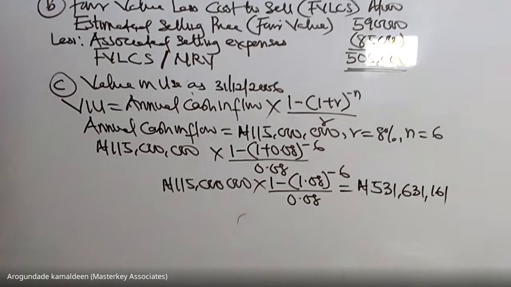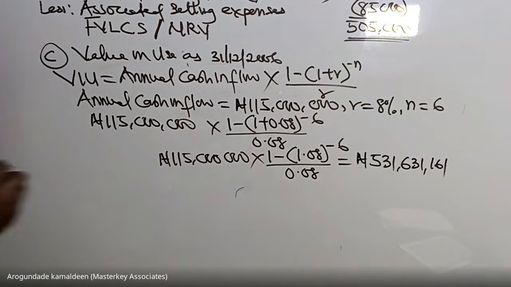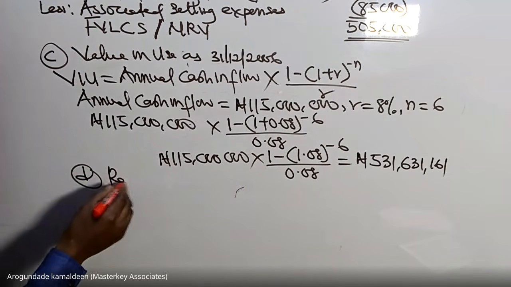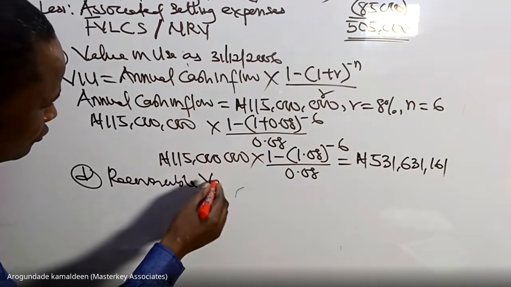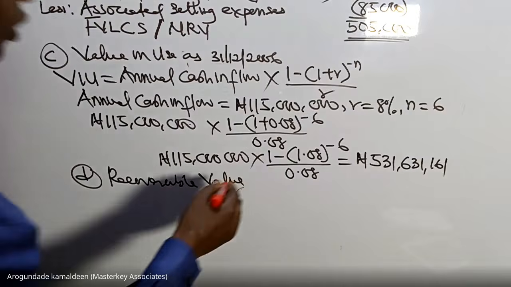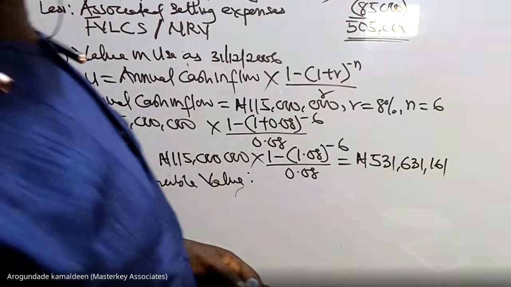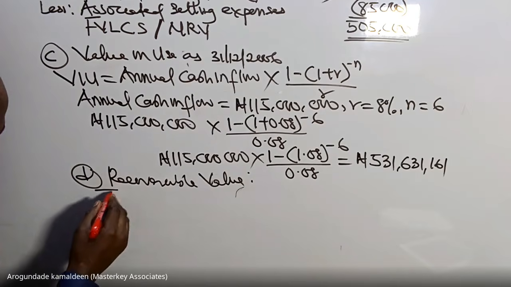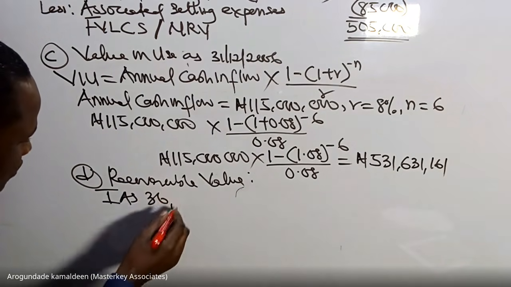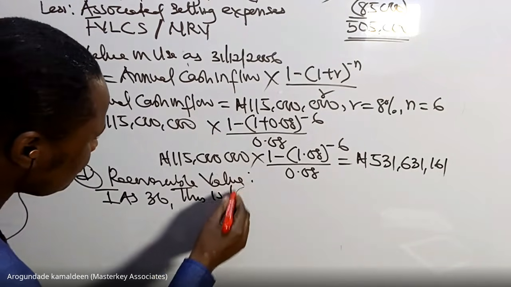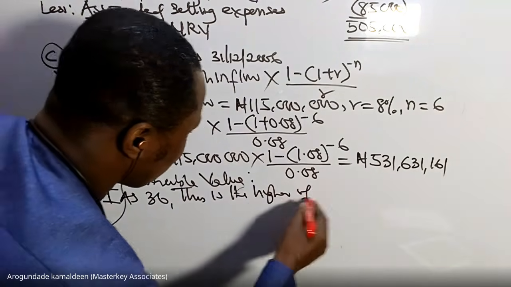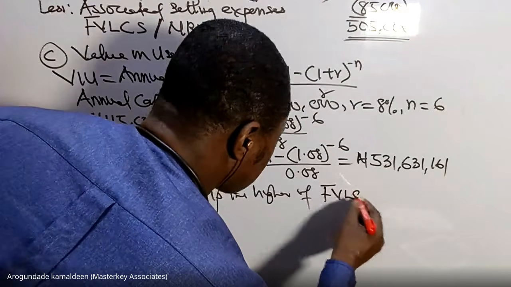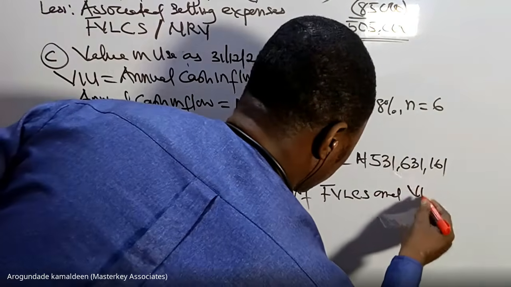IAS 36 says that the recoverable value is the higher of the fair value less cost to sell and value in use.